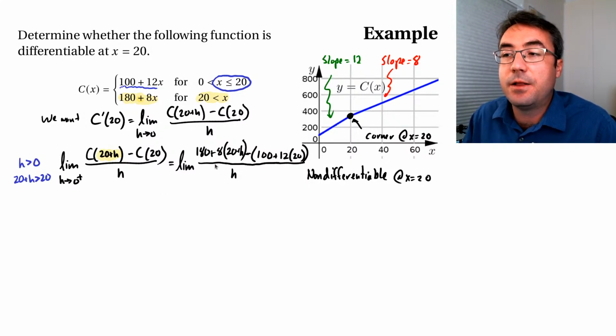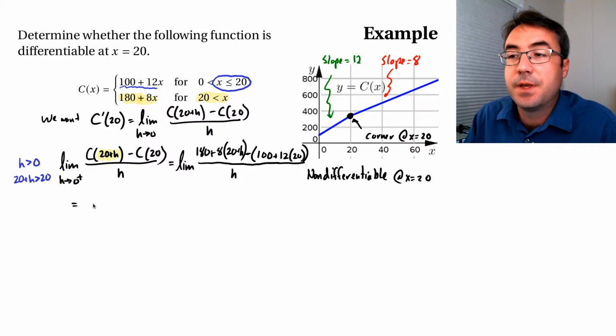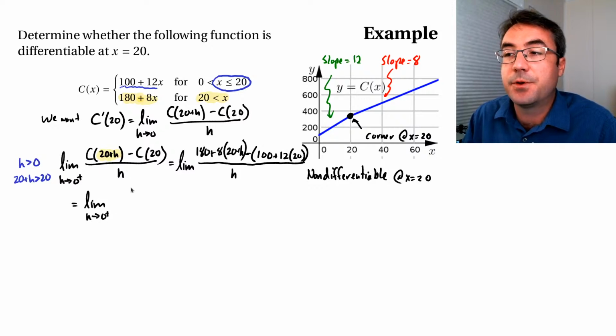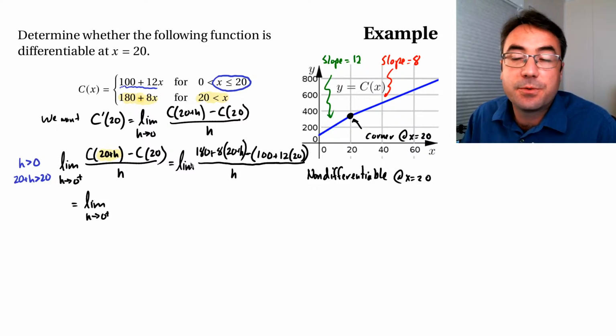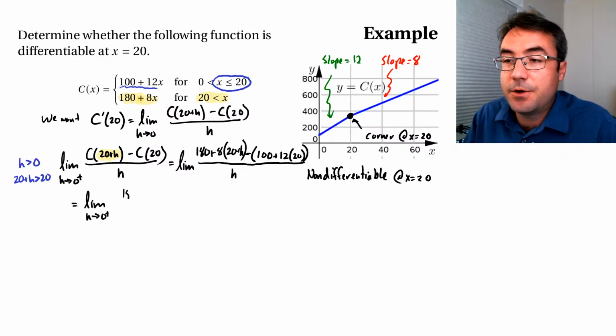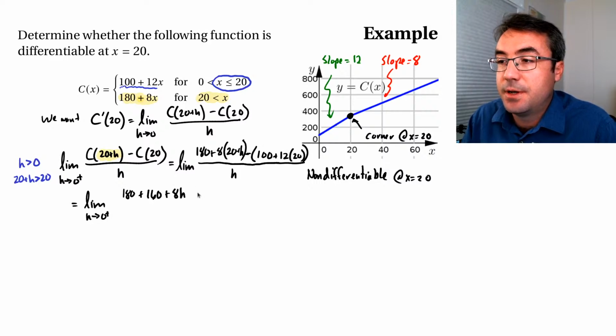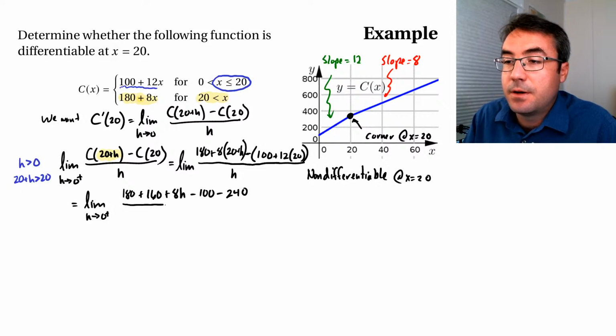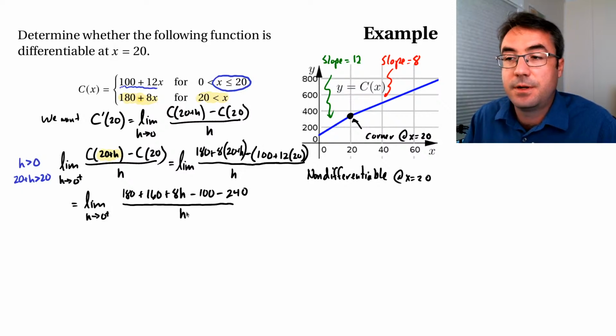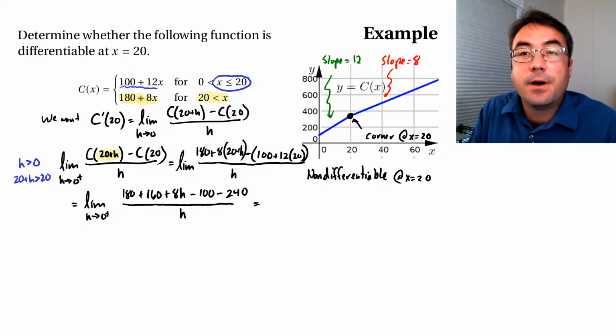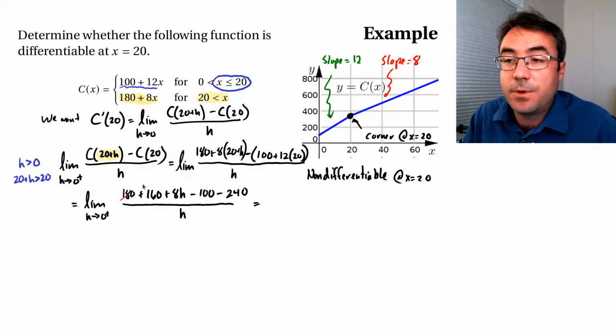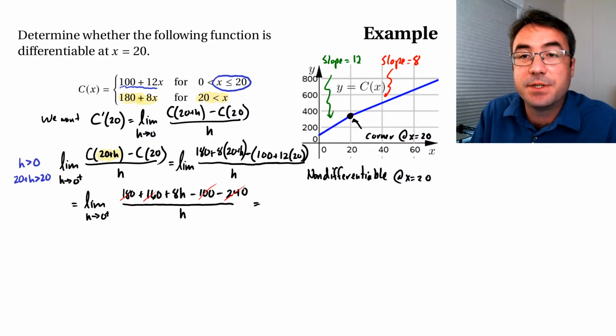So if we evaluate all of this, we're doing the limit as h goes to 0 from the right, and then we just do as much arithmetic as needed. We get 180 plus 160 plus 8h minus 100 minus 240, all over h. Cleaning up, 180 plus 160 minus 100 minus 240 all add up to 0.